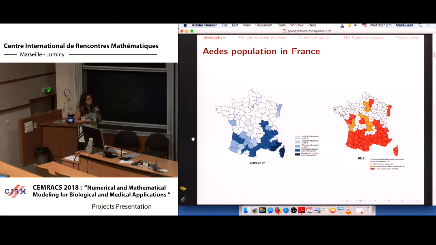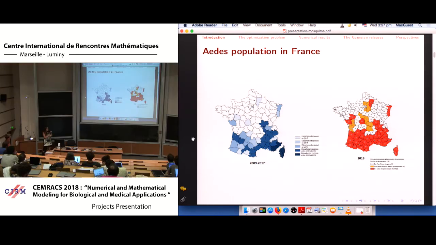It appeared in France in 2005 and started to migrate across France from 2010, up to today in 2018. This is the map of its presence.